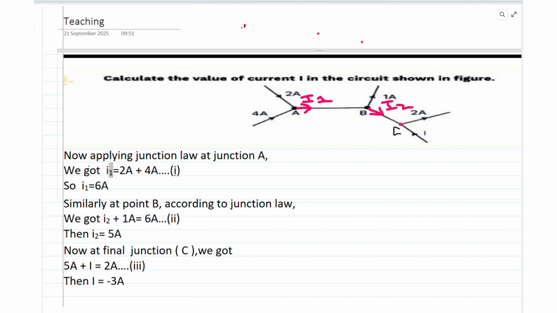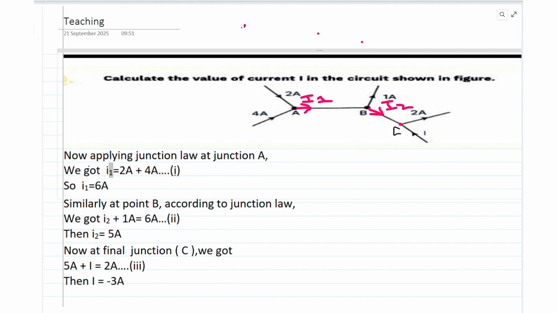Now, there's an interesting part right here. I equals minus 3 ampere. So what does this negative sign denote? People, this negative sign denotes nothing but the direction of current. Current, although a scalar, has a certain direction associated with it.